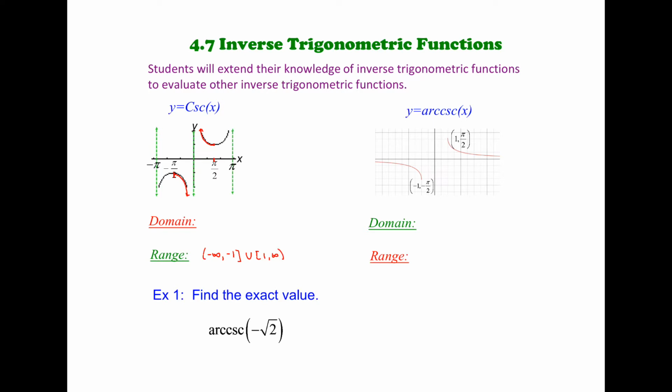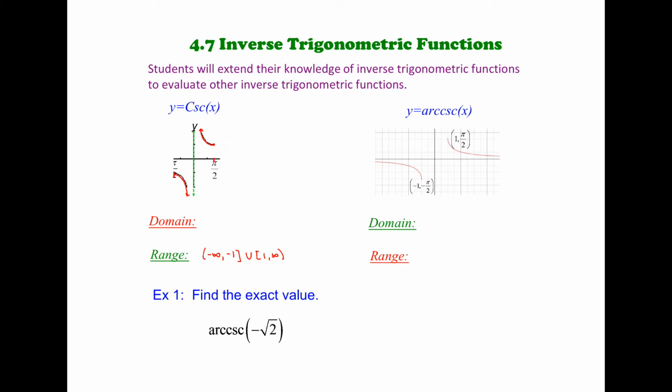So we're going to basically eliminate everything else just like we did the other day from this graph. So now that represents what we're going to use as our one-to-one function for cosecant.